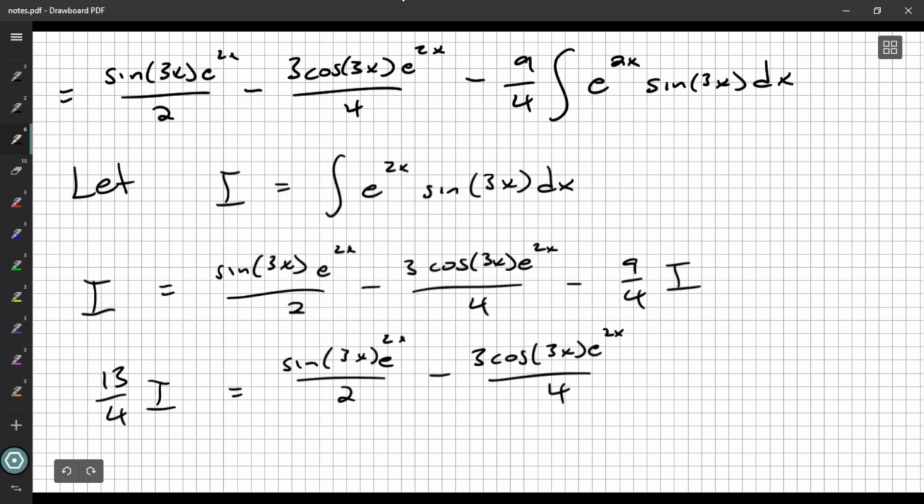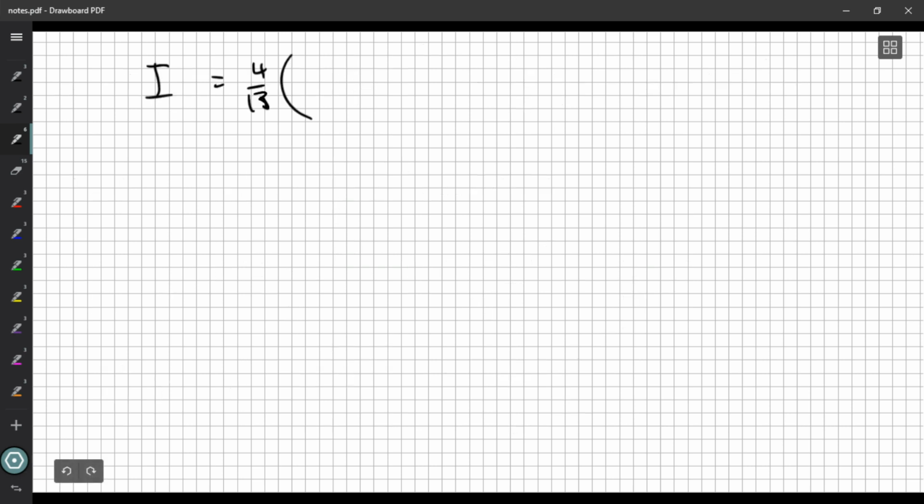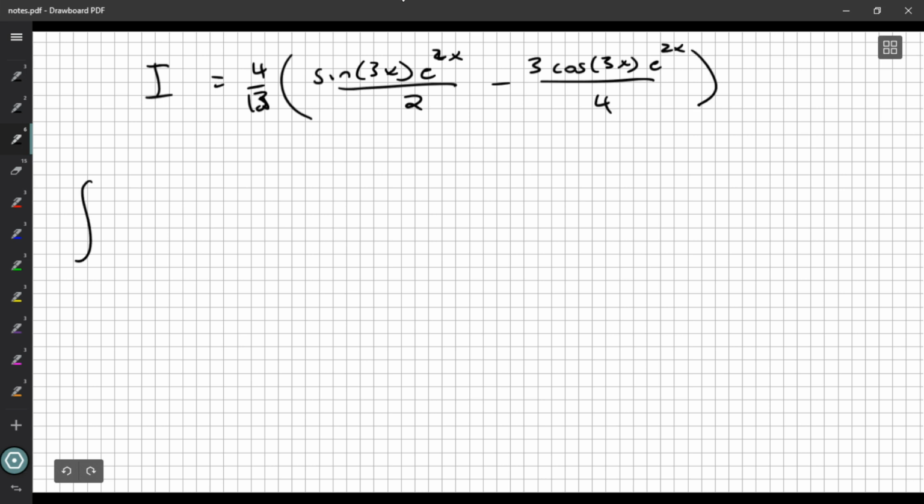We could do things like factor out the e to the 2x if we wanted to. I'm comfortable with it the way it is, but you might decide otherwise. And that just leaves me with my I, and I is exactly what we were looking for.